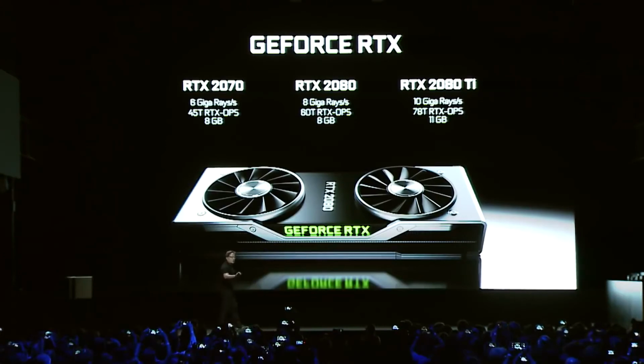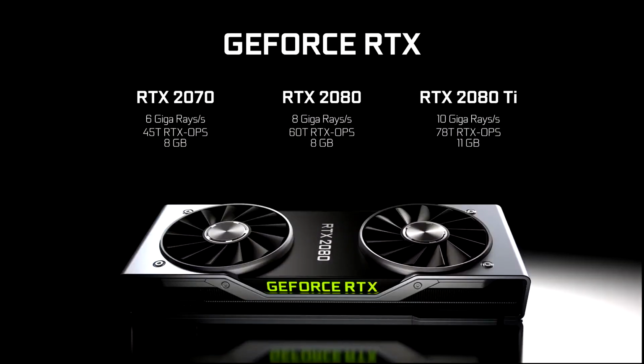The RTX 2070 with 6 gigarays per second, 5 times that of a Titan X. 45 trillion RTX ops per second. That is several times the performance of a Titan X. 8 gigabyte frame buffer.